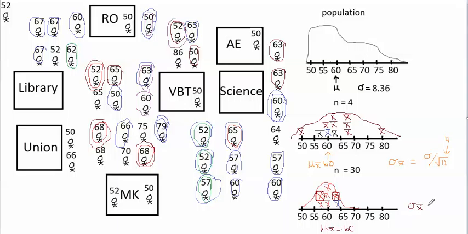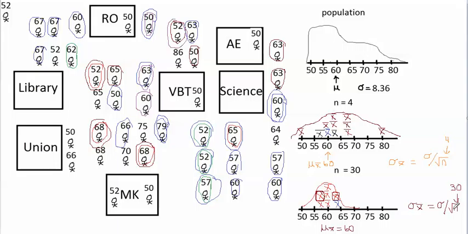But the standard error is changed because the sample means are closer together. Now this standard error will actually be equal to the population standard deviation divided by the square root of our new sample size of 30. So this would give us the standard deviation of this distribution.